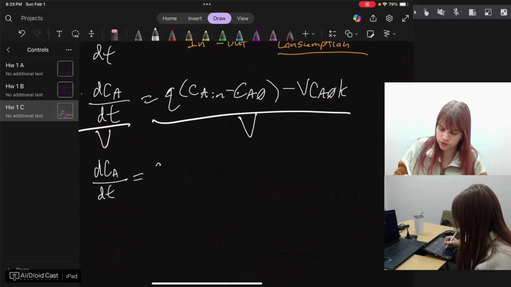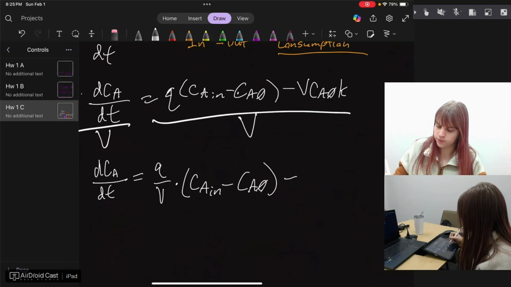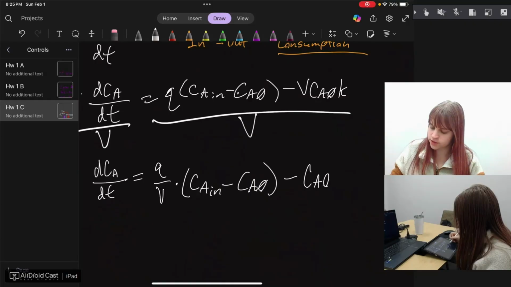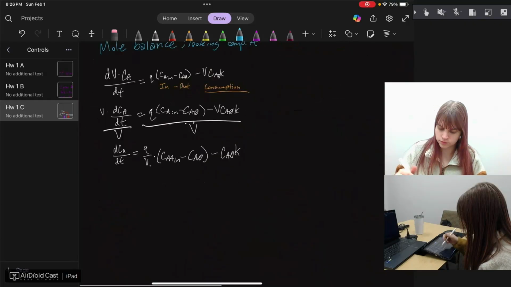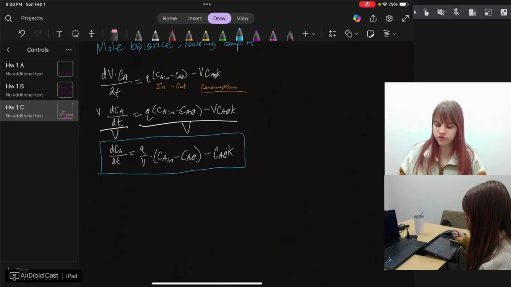So we have Q over V times concentration of A in minus Ca naught, minus Ca naught times K. So this is our mole slash material balance right here.